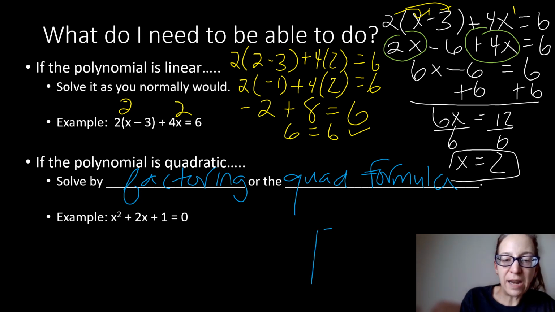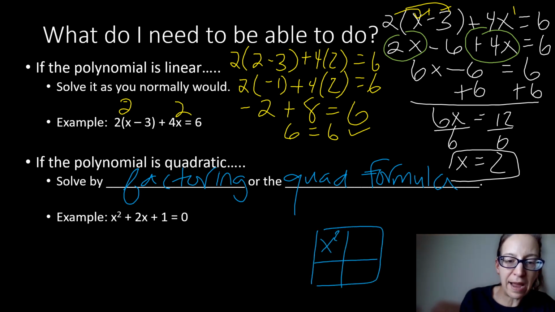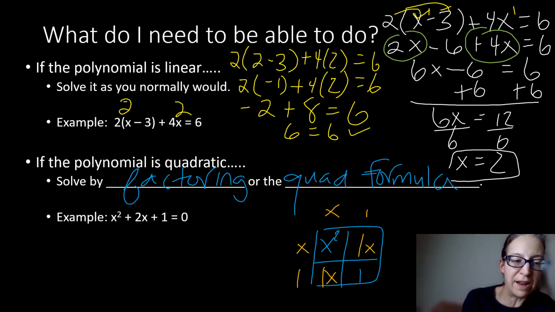Then setting up my factoring, I've got x squared, I have a 1, and I'm looking for two numbers that multiply to give me 1 and add up to give me 2. Well, that would be 1 and 1. x squared only factors one way, and 1 times 1 is 1, and everybody's happy.